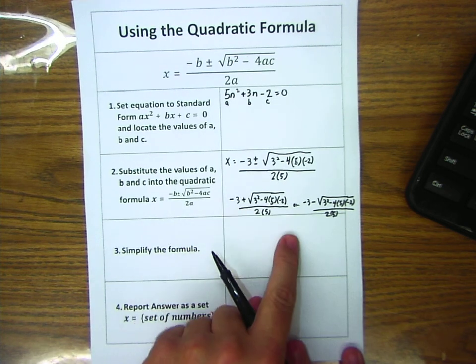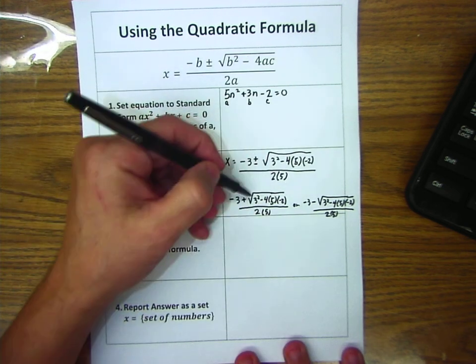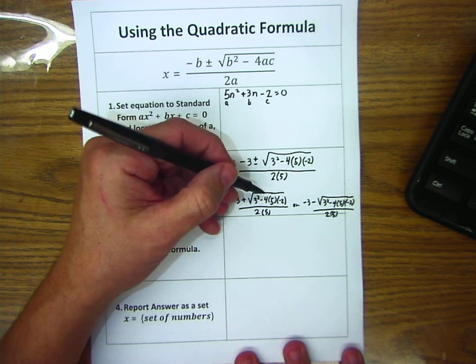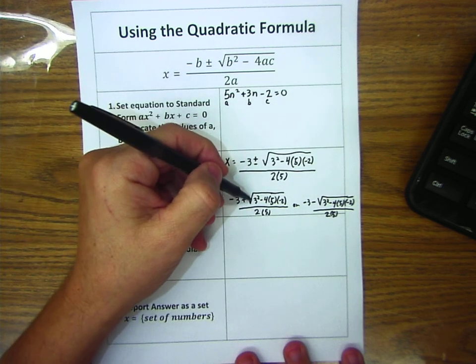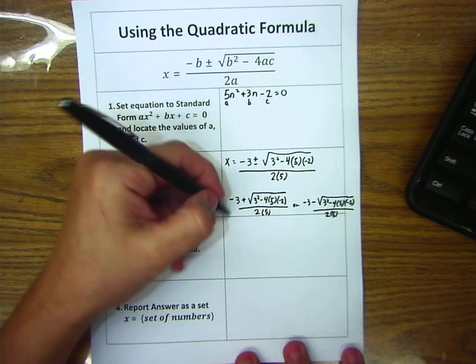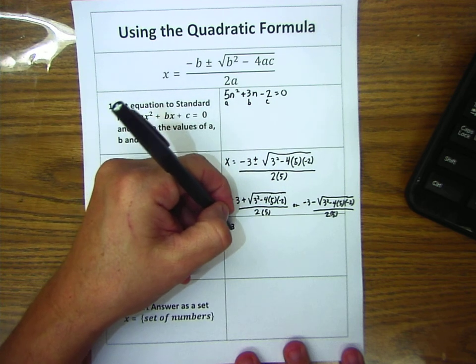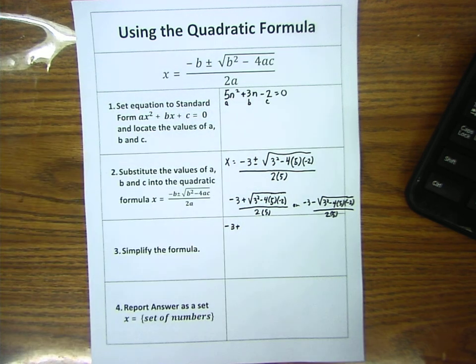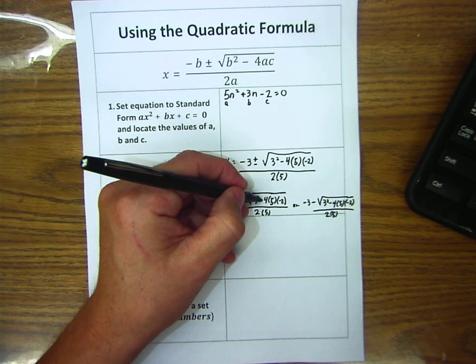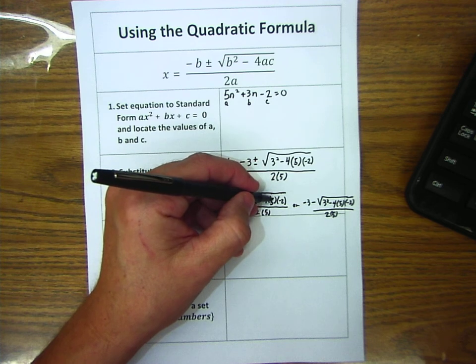When we simplify each one of these, we're going to simplify what's under the radical first, because that's considered a grouping symbol. So I've got negative 3 plus that value. Well, 3 squared is 9. Negative 4 times 5 is negative 20.